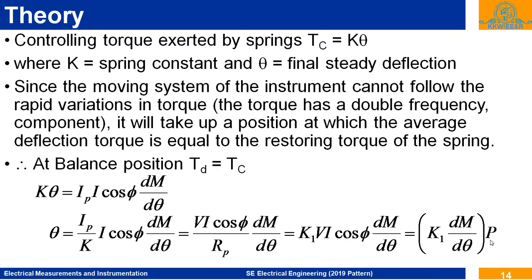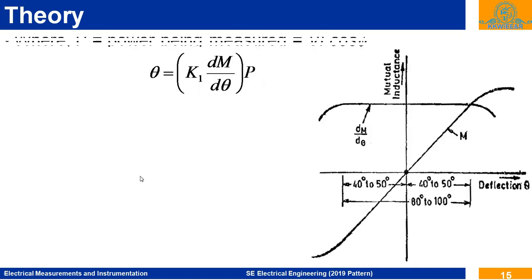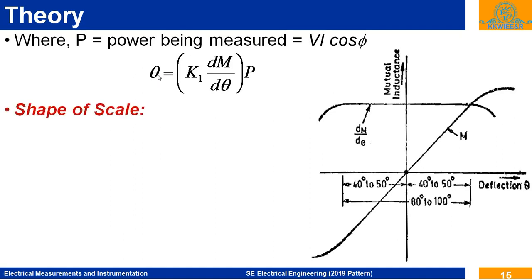So V I cos phi is the power. In this way, theta gives us the power to be measured. Where P is the power being measured, equal to V I cos phi, and theta is equal to k1 dM by d theta P.